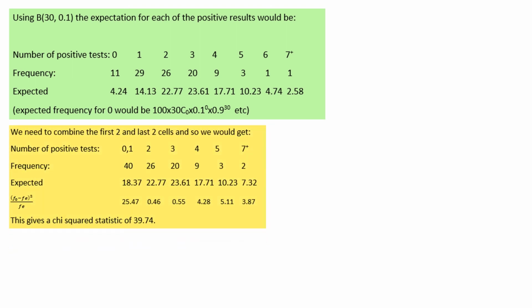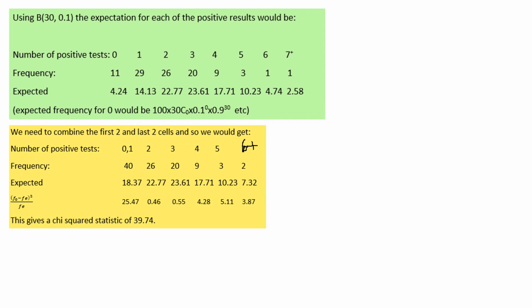Now if you look, I've got too few in the 0 column and too few in the 6 and 7, so I'm going to combine the 6 and 7 together. I've put 7 plus there, that should read 6 plus, so let me just go over that. Right, so that should be 6 plus, and I've combined the 0 and the 1 together.